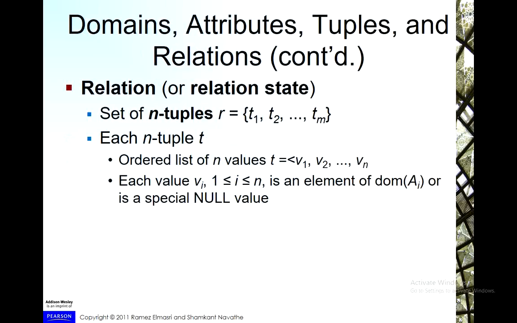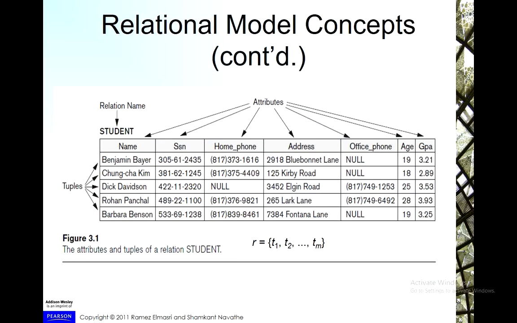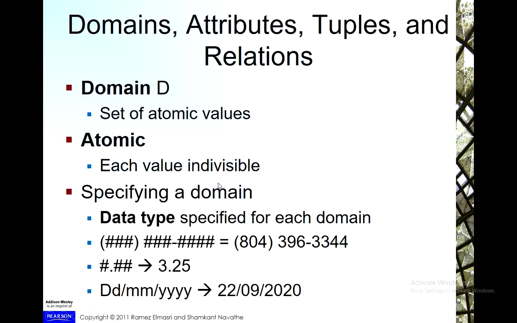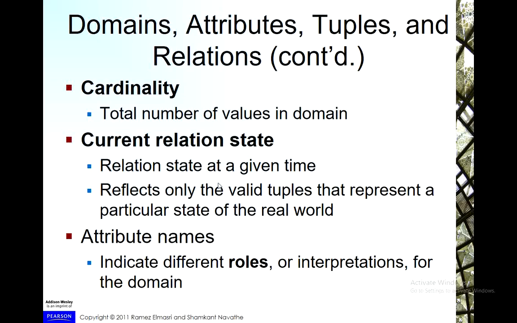The same example applies here: if the office phone comes before the home phone, or if the age comes after or before the social security number, it is not of any importance, because when I shift these attributes, each value still corresponds to a specific value in that tuple.